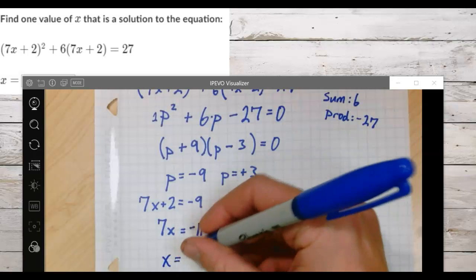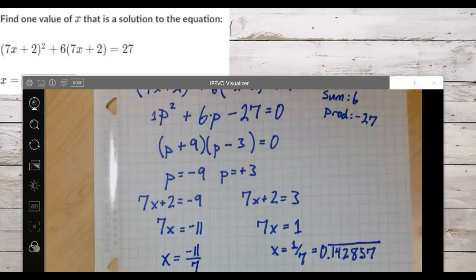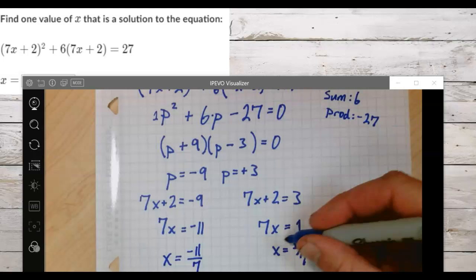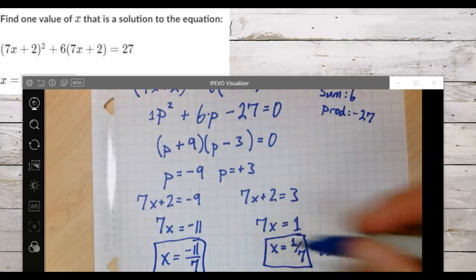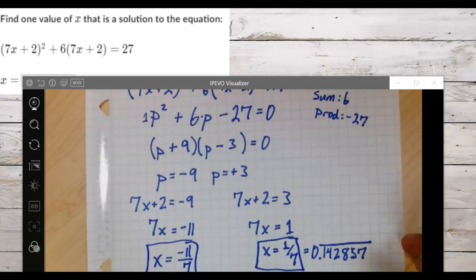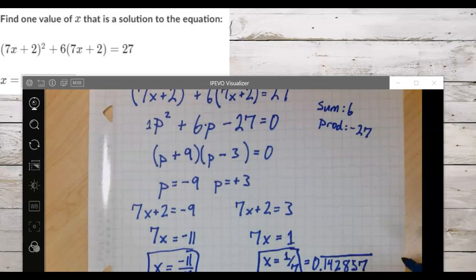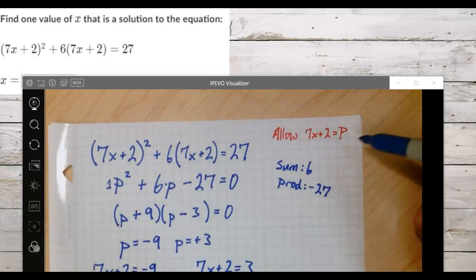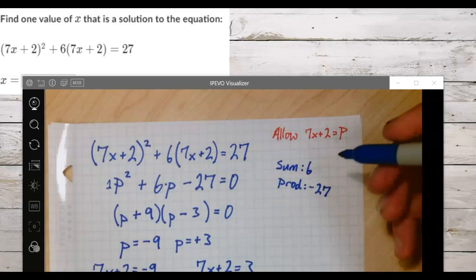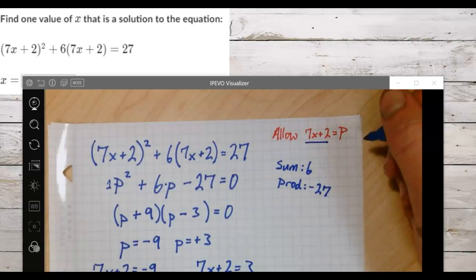X equals -11/7 or 1/7. All right, so that is our solving with structure review to make sure we all understand what is going on. The first thing we do is substitute, or allow a replacement of, a binomial by a single variable.